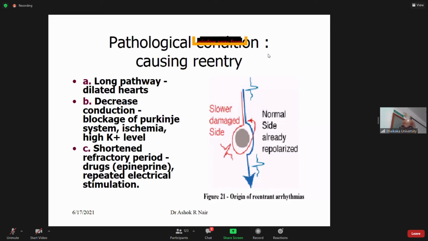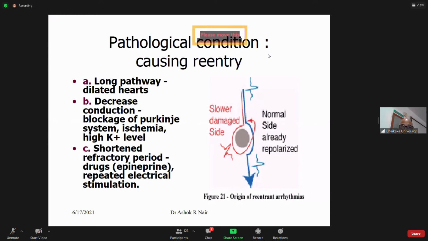Re-entry phenomena can lead to arrhythmias.